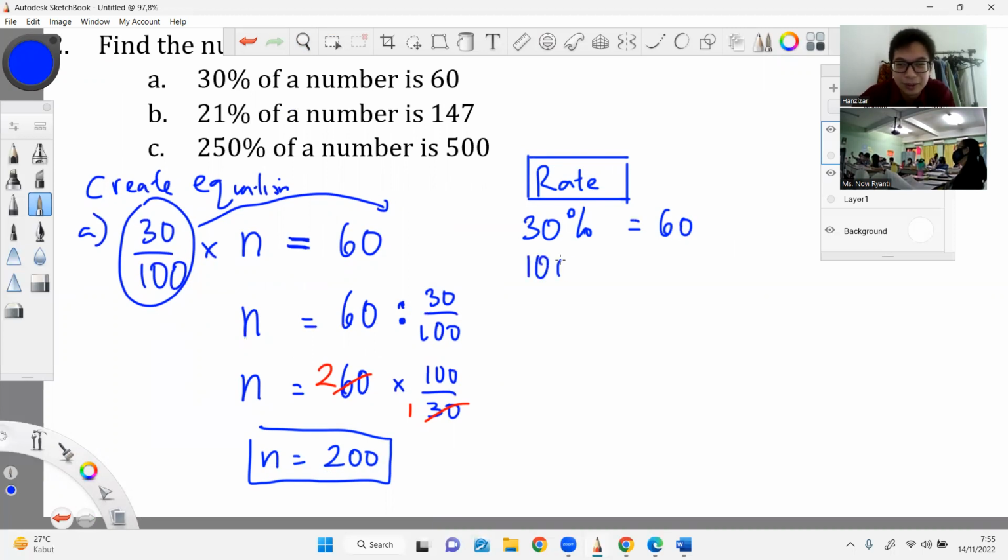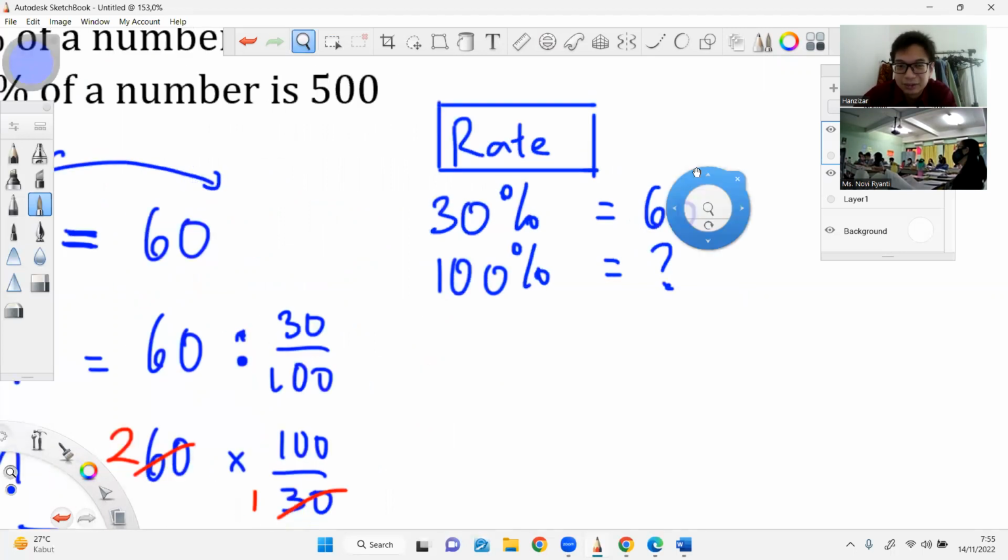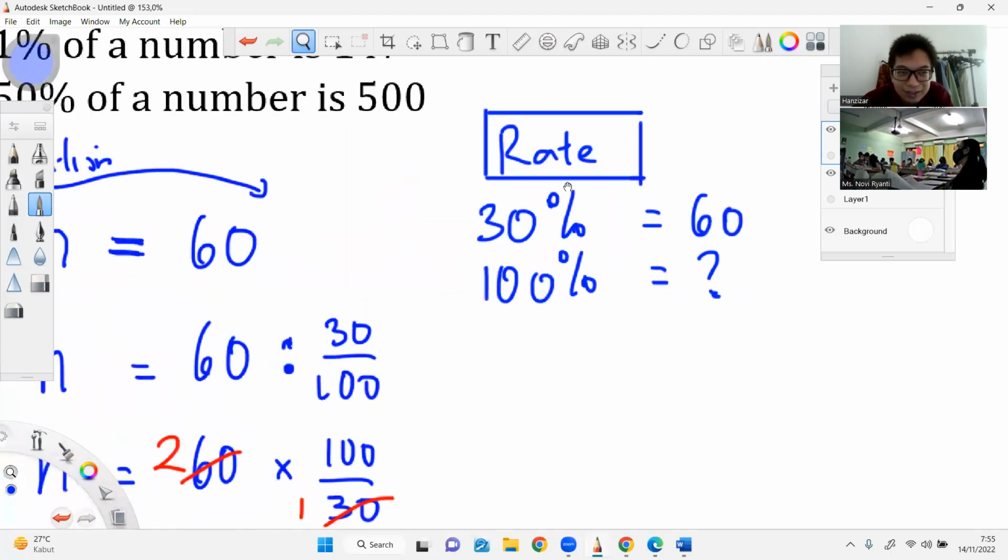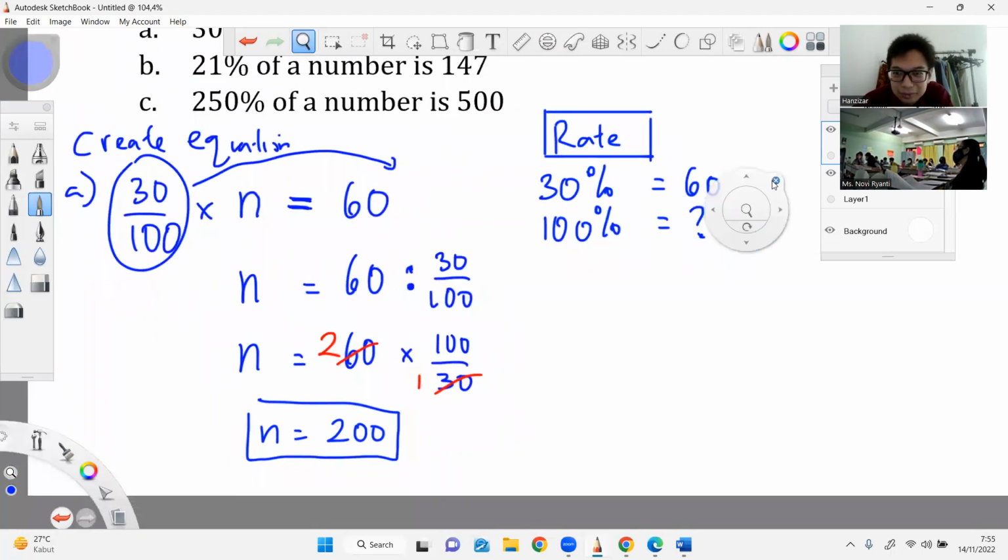The original has to be 100. Get it, guys? So which one is easier, creating the equation or the rate? Left or right? First or second, guys? The second is easier, right? In my opinion also.